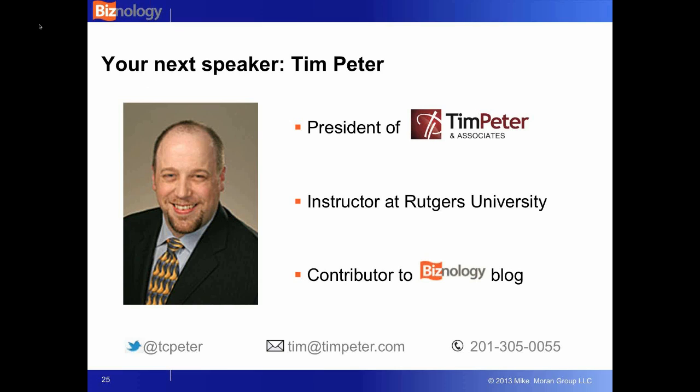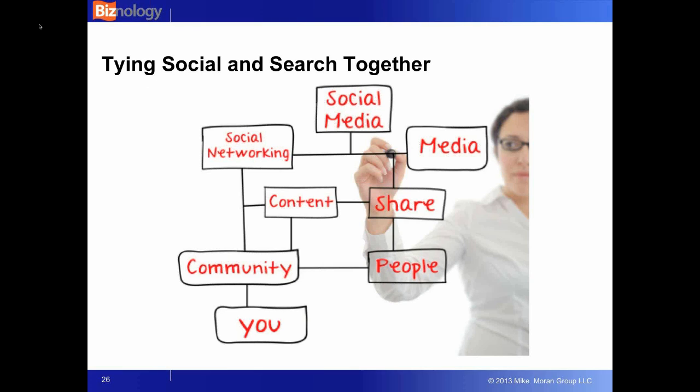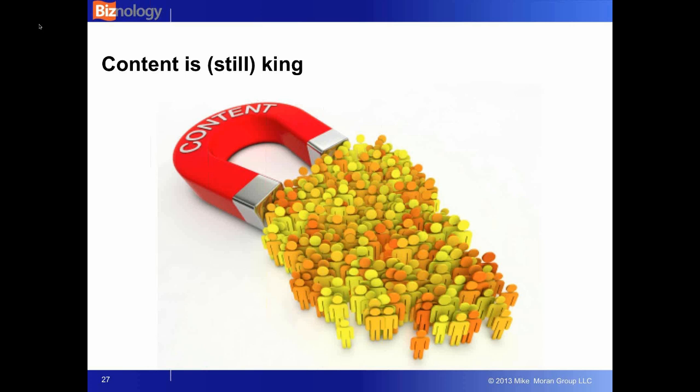Thanks so much, Melanie. I really appreciate it. What I'm going to spend the next few minutes talking about is how we can tie search and social data together, how we can tie those two channels together, and how they support one another as your customers conduct their activities online. Now, as Rob pointed out just a moment ago, content is still king.